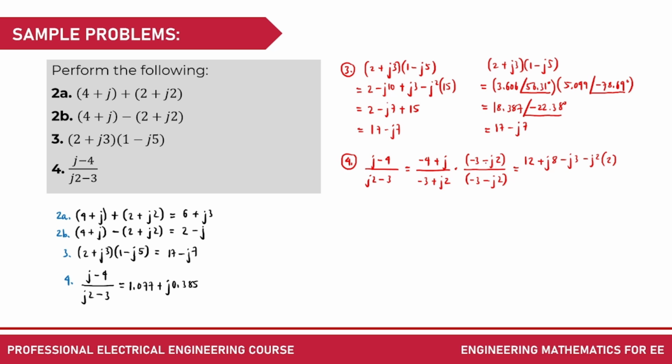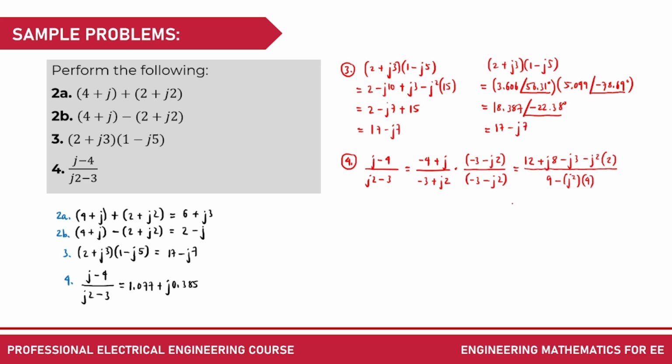Plus j8 and then the inner is minus j3 and then the last is negative j squared times 2, all over the conjugate product. So negative 3 times negative 3 is 9. Plus minus is minus. And then we have j squared times 2, 2 times 2 is 4.